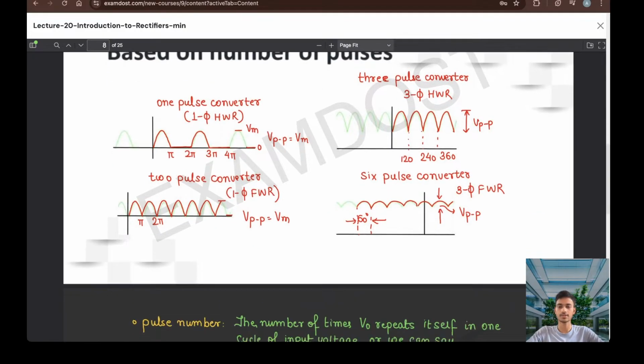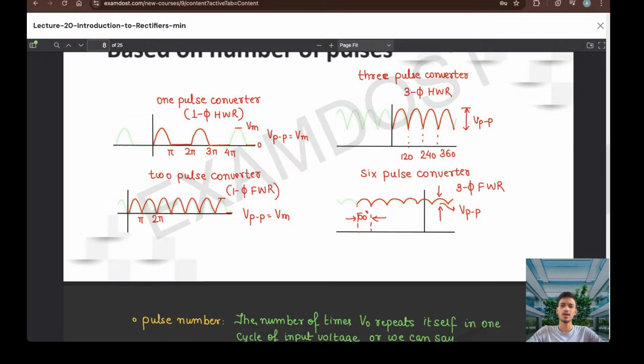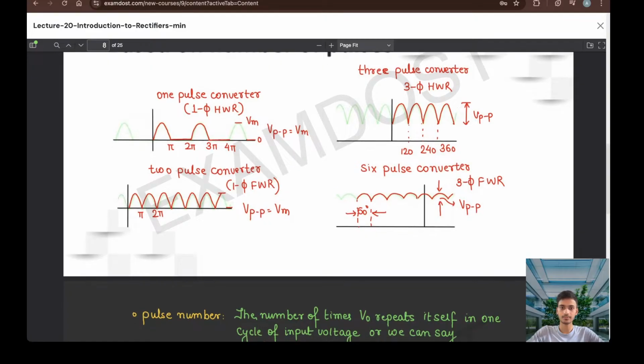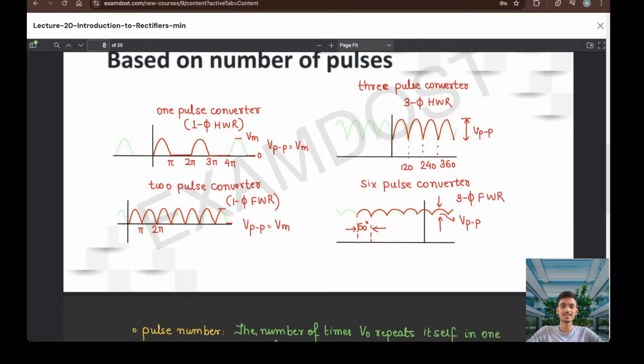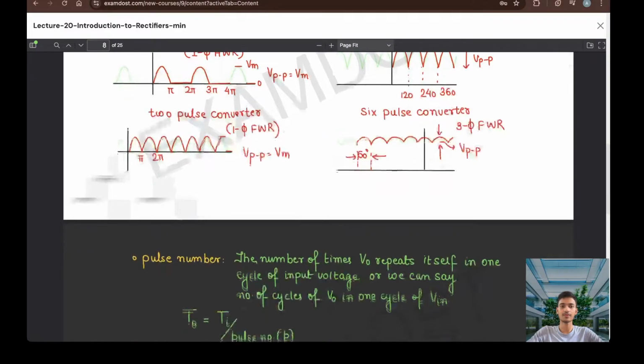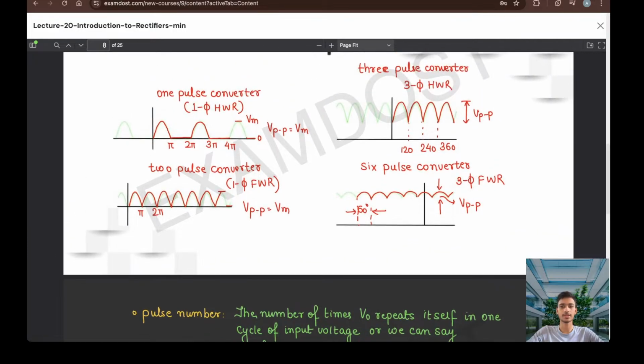Two pulse is the single phase full wave rectifier. Three pulse is the three phase half wave rectifier, and the three phase full wave rectifier is into two, that is six.